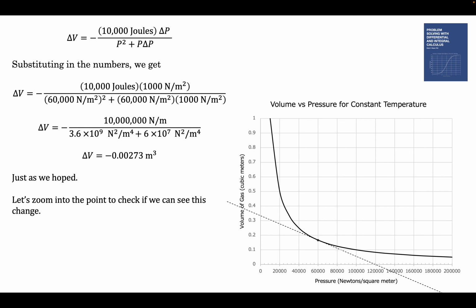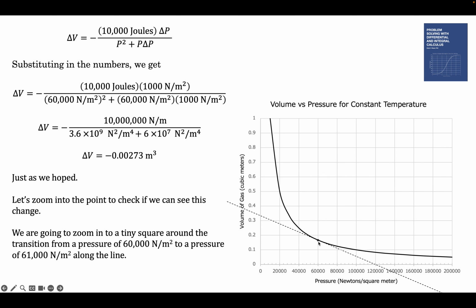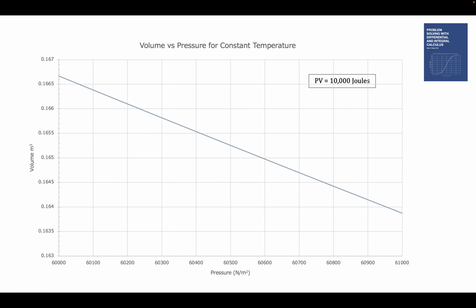So now we're going to zoom in to see if we can check this change, just to make sure we know what we're doing. There's this little tiny square right here that goes from 60 to 61, and we're going to look at the volume drop on this side to see if it makes sense. As you might expect, the line is going to look straight because the pressure change is so small. There it is.